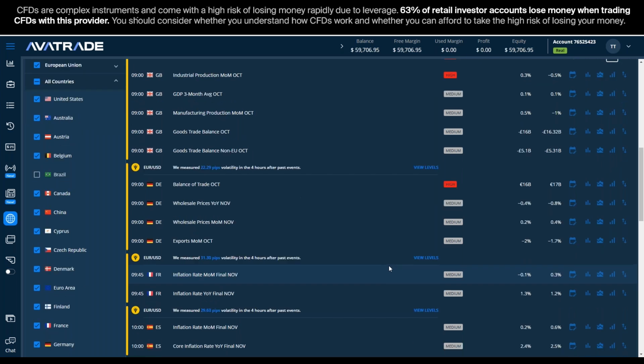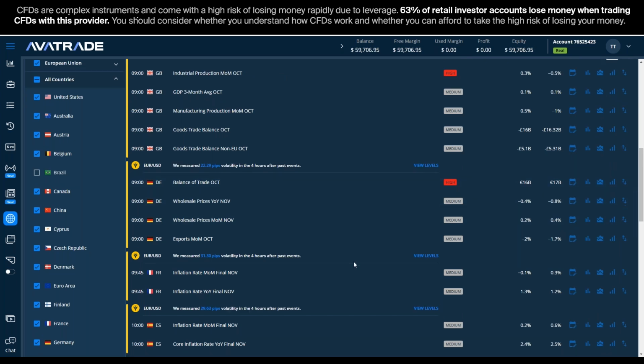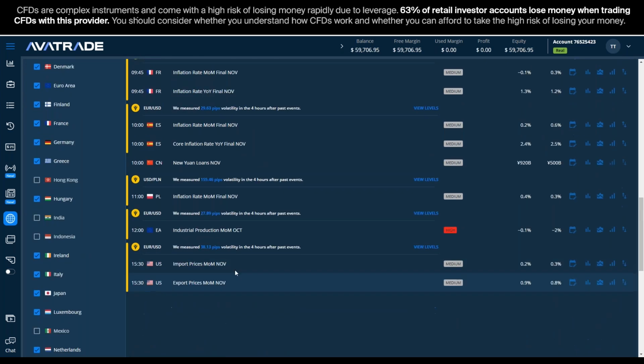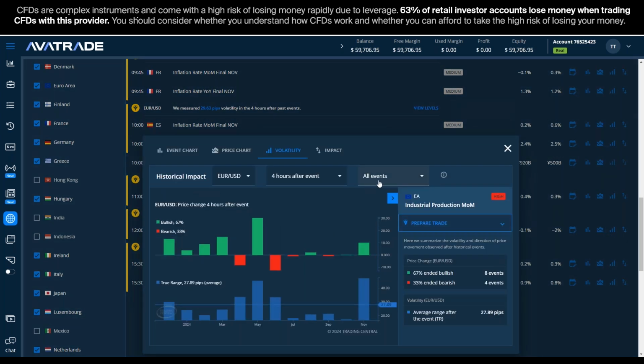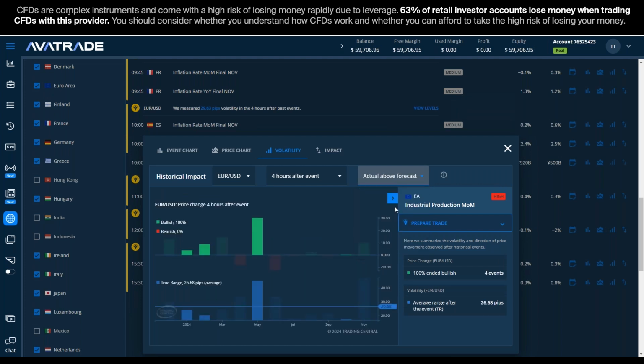We've also got out of Germany trade balance numbers, industrial production out of the European area. So if we look at this industrial production, if this comes in above forecast, look at that, 100%, the euro strengthens. Industrial production seems to be a focus out of the Eurozone in terms of these statistics.